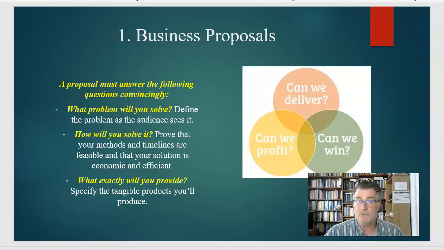You need to show your methods and the timelines, show that they're feasible, show that the solutions in this business proposal are economically sound, efficient, timely, and cost effective. All these terms are, of course, from the business world, but that's what you're writing. Again, you're not writing an English essay. You're not thinking out loud about what Shakespeare wrote or Milton or whoever. You're thinking about how will I solve this problem that I have identified? And how are you going to provide this information, right?